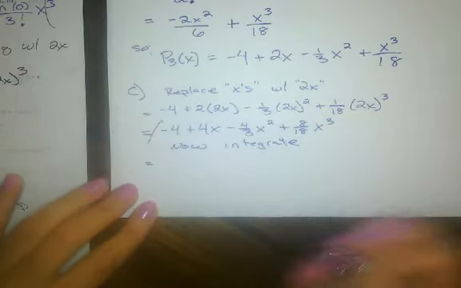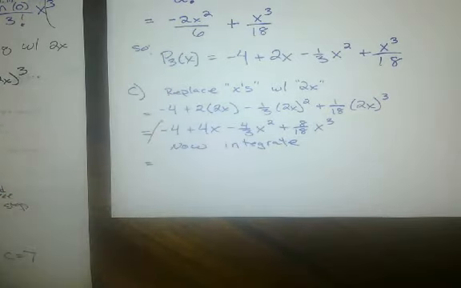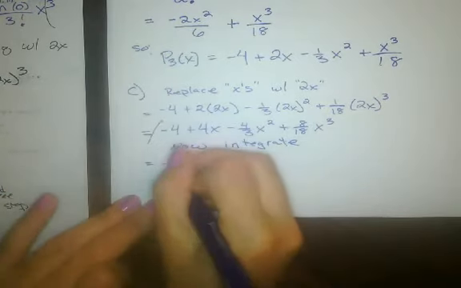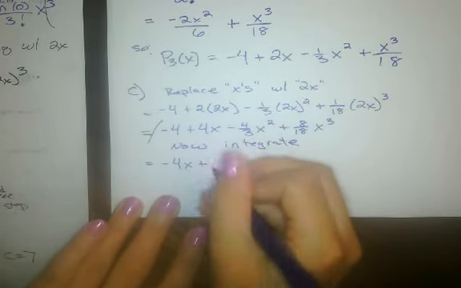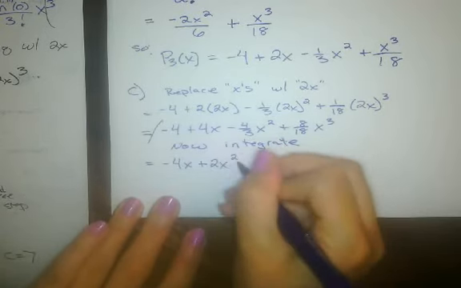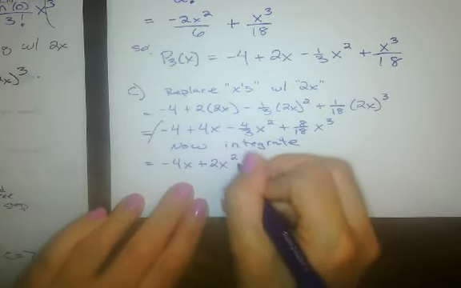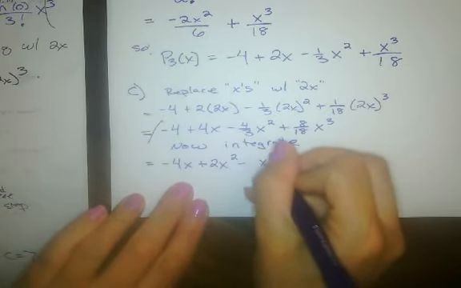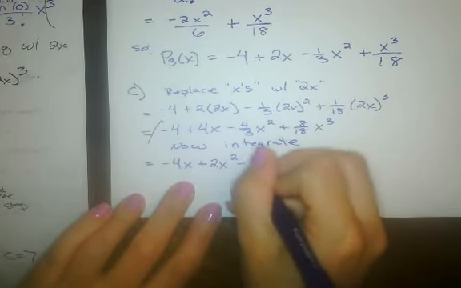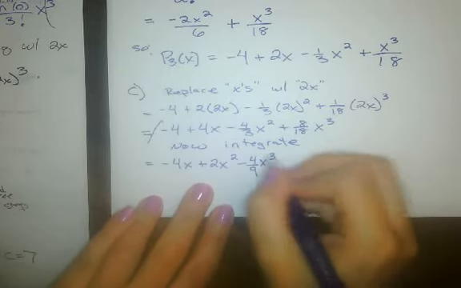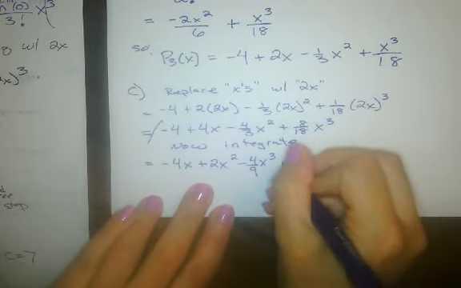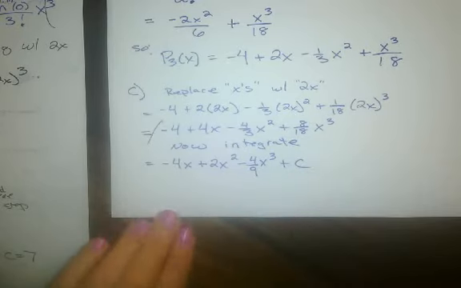So we'll end up with -4x plus, add 1 to the exponent, divide by that number, so that's going to be squared, and then minus, add 1 to the exponent, divide by that number, so it's going to be 4/9 there, and then now we're a third degree, so we can say plus c.